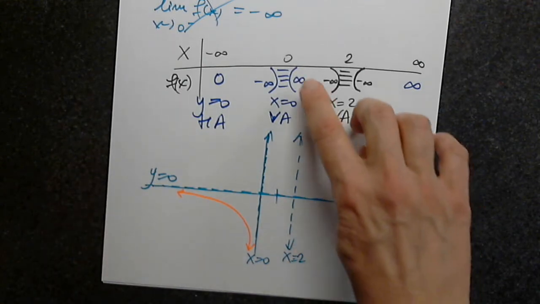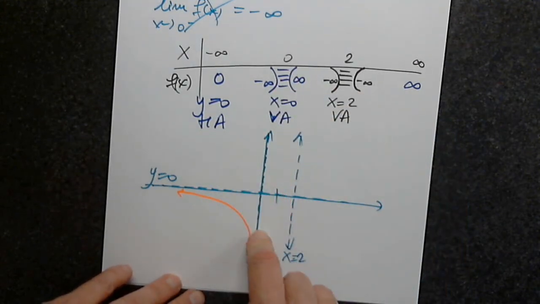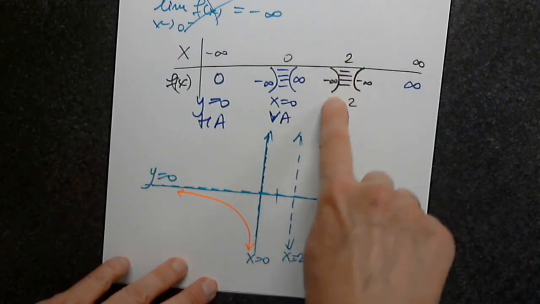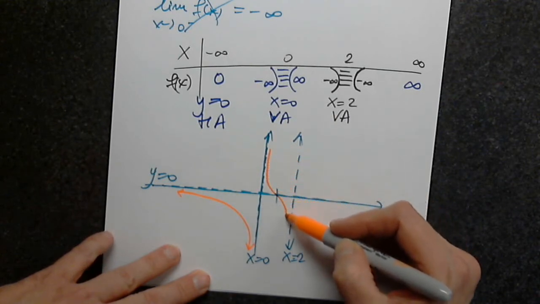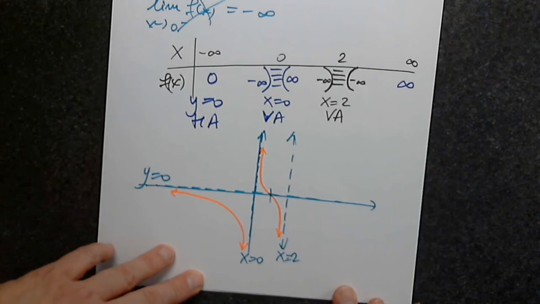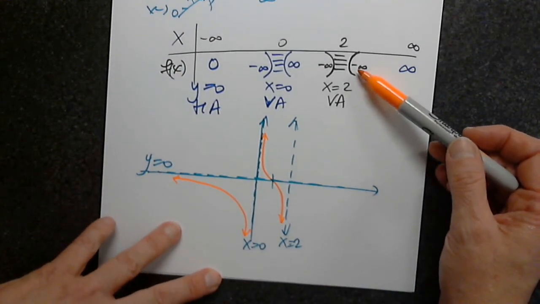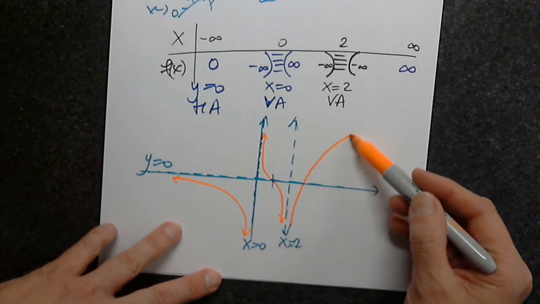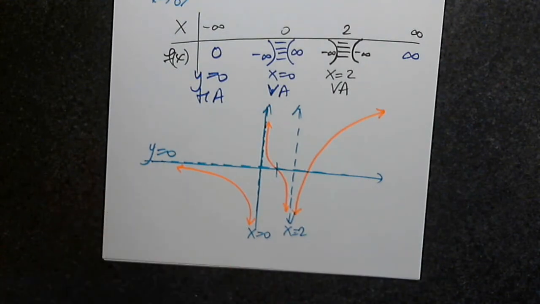And the function is coming from positive infinity on the right-hand side of x equals 0, crossing somewhere, of course, and going to negative infinity on the left-hand side of 2. No problem. On this side, the function is coming from negative infinity and going to positive infinity. That's my graph.